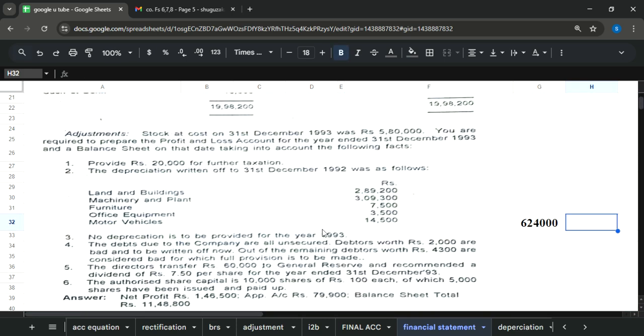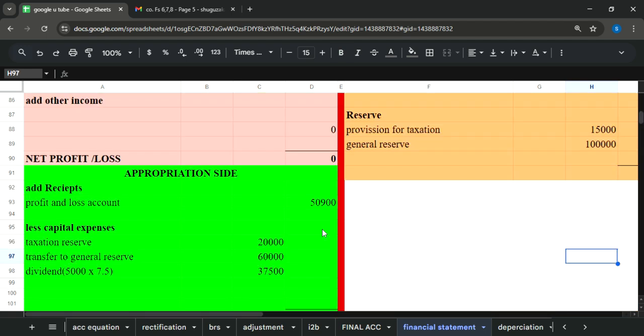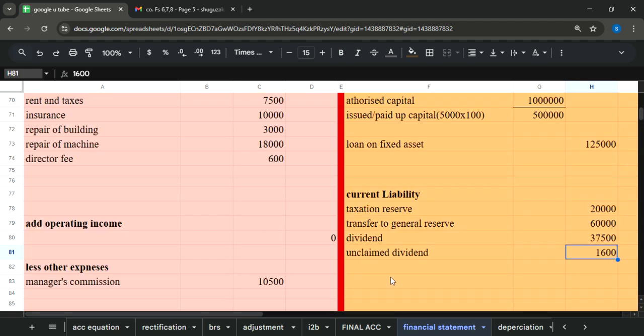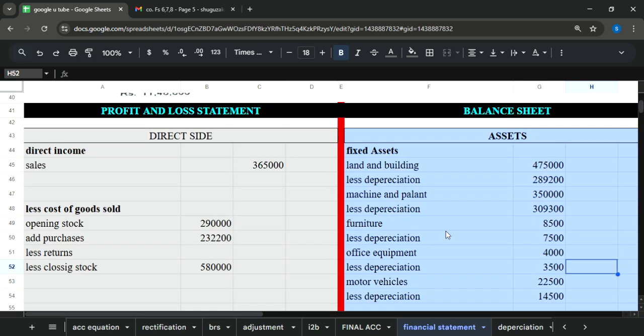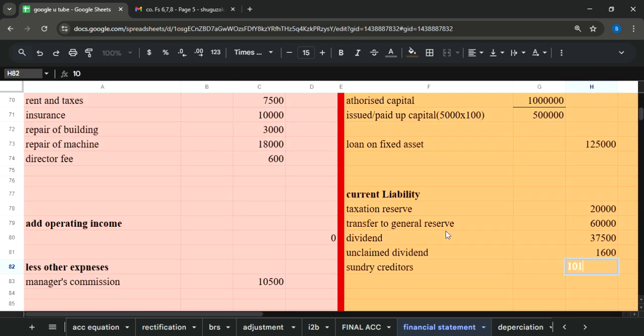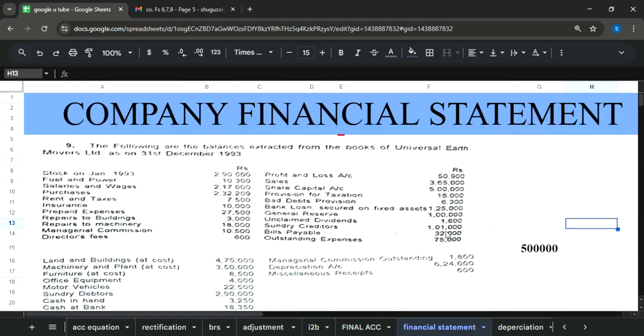Sundry creditor is also part of current liability. So here sundry creditors would be mentioned. The amount of sundry creditor is 101,000. Let's mention it in current liability.